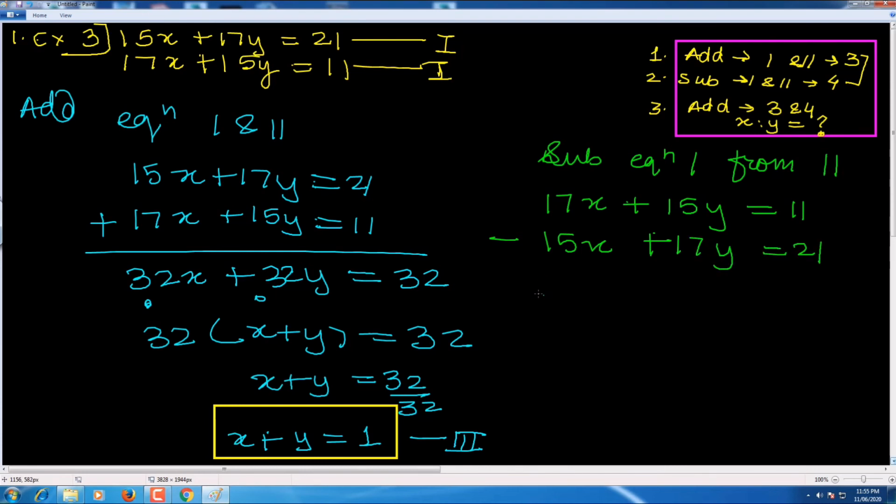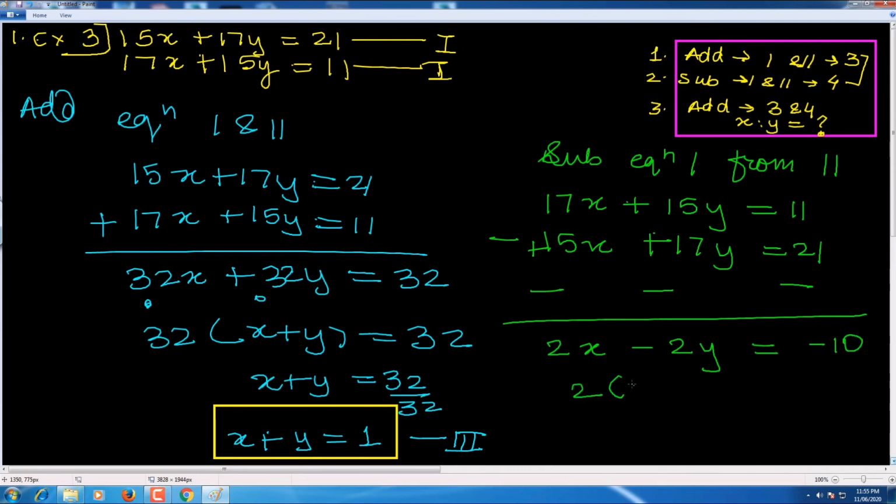While subtracting, the signs get changed, so plus 15x becomes minus 15x, minus 17y and minus 21. Now 17x minus 15x is 2x, 15y minus 17y is minus 2y, and 11 minus 21 is minus 10, since we take the greater sign.